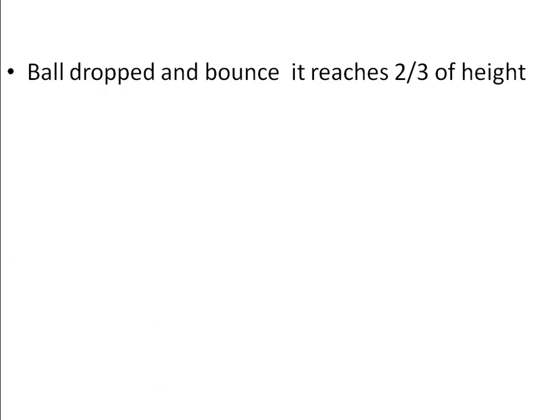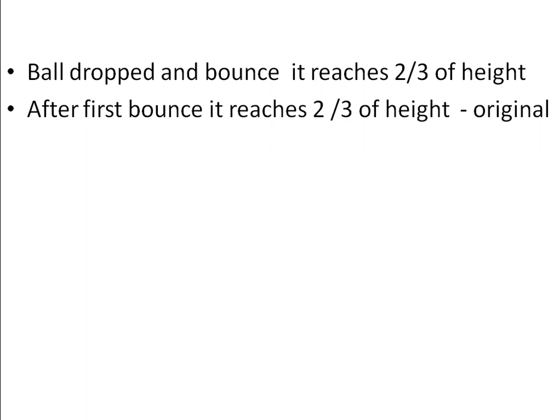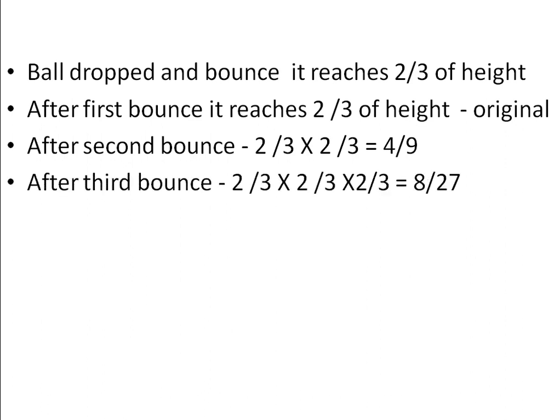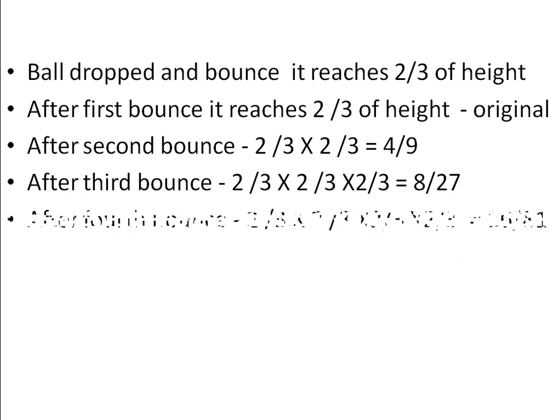Now let us see. When the ball is dropped and bounced, it reaches 2 by 3 of the original height. The second time, it is 2 by 3 into 2 by 3, that is the second bounce. It is 4 by 9. And the third bounce is 2 by 3 into 2 by 3 into 2 by 3, which is 8 by 27.